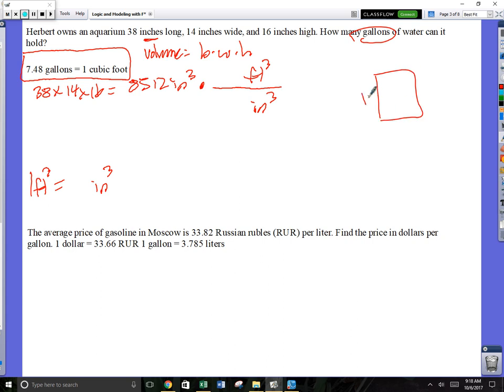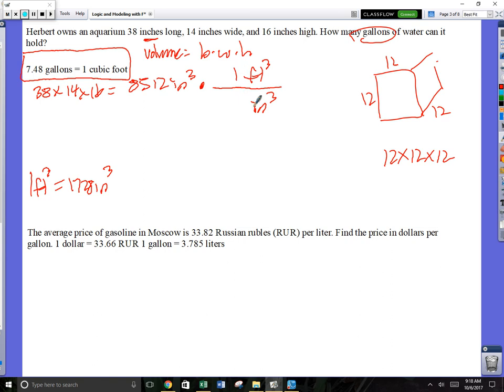So if we do a cube, it's 12 by 12 by 12, tall, 12 wide. And that's 1 foot, 1 foot, 1 foot. So we're going to go 12 by 12 by 12. So 12 cubed is going to be 1,728 inches.